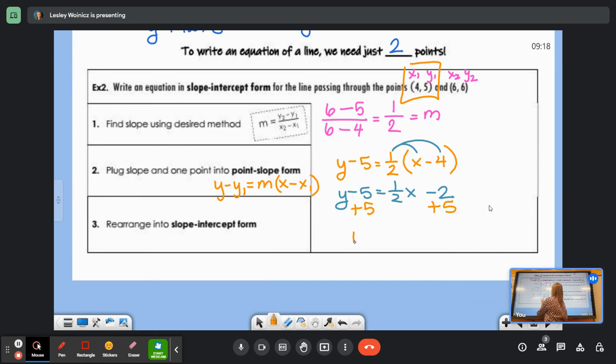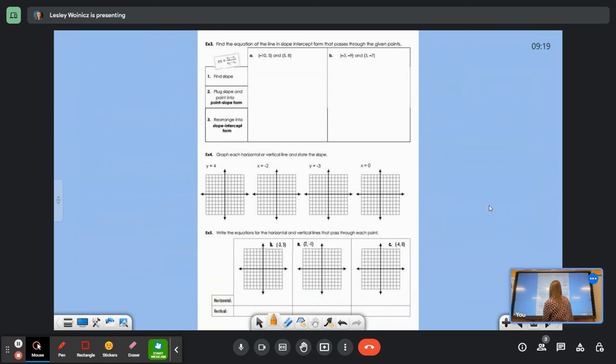That gives me y equals 1/2 x plus 3. That's it. Questions for me?